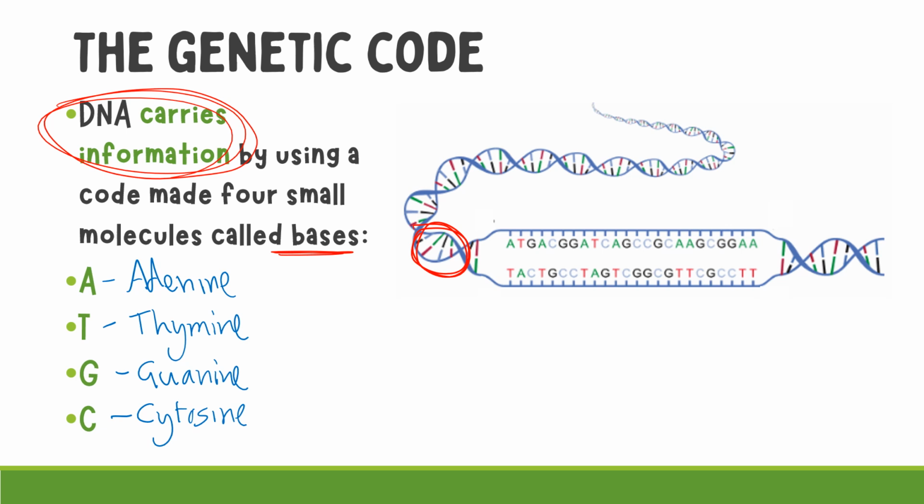So the order of those 4 letters in your DNA is literally the set of instructions for how your cells survive and how you become a human and how you grow and do all the amazing things that we can do as a human being.